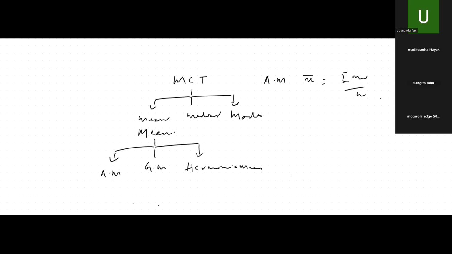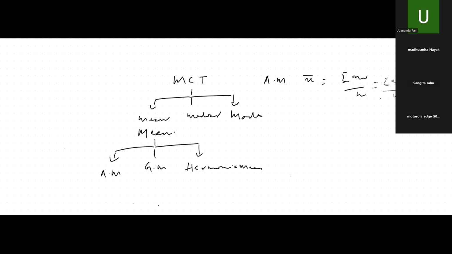Is it clear? Yes, sir. I will make it a little thinner so that you can read the subscript also. So summation xi upon n. If my handwriting is not readable, just let me know. So this is simple arithmetic mean.